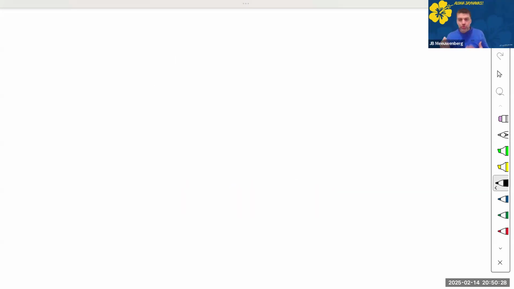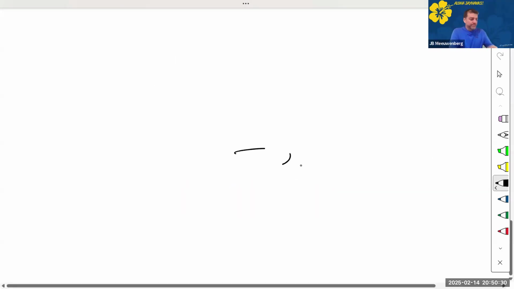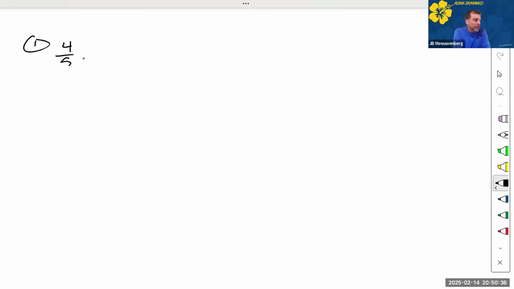So let's try just doing some standard fraction calculations, like 4/5 plus 3/5. So go ahead and write that sum as a fraction or as a mixed number if necessary.